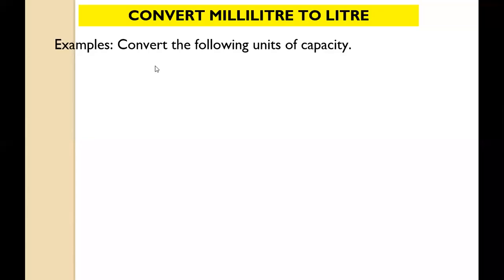How about we convert milliliters to liters? Remember, milliliter is a smaller unit than liters. So what do we do when it is from smaller to larger? We are going to divide. Let's have an example here. Write 7,620 milliliters in liters.